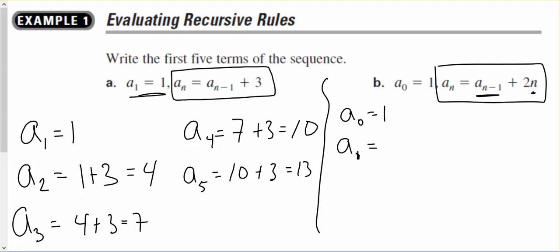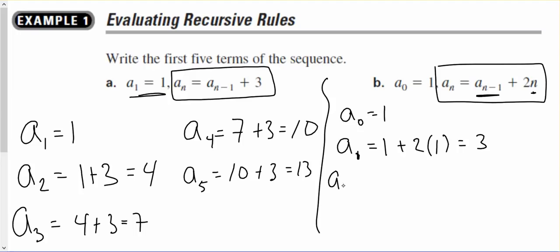This n is this number. So for example, a sub n minus 1, our previous term, which was a 1, so 1 plus 2 times our n, which in this case is our first term, so it's 2 times 1. So 1 and 2 times 1 is 2, so 1 plus 2 makes 3. So our first term is a 3.